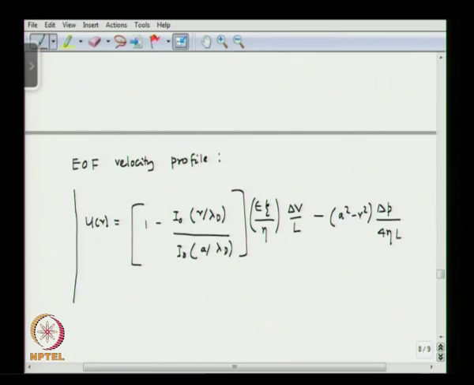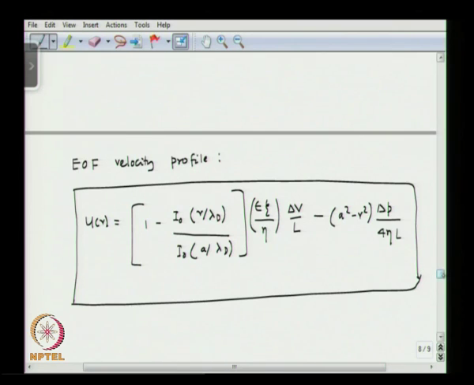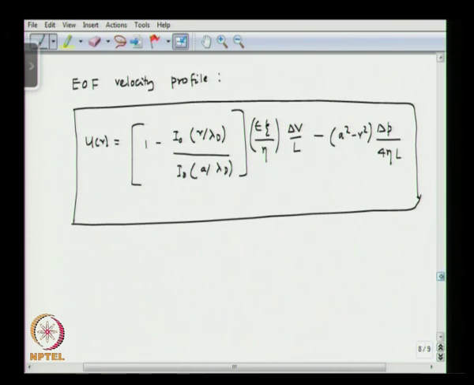So, that is how the velocity profile for the electroosmotic flow in presence of pressure gradient is going to look like. Okay. Now, we can find the electroosmotic flow rate.